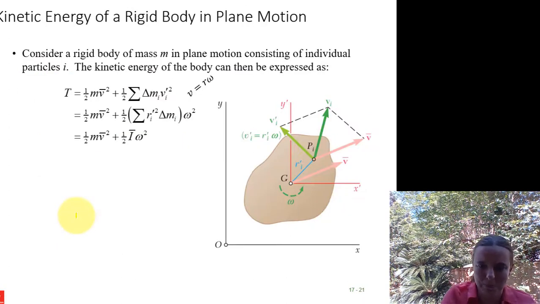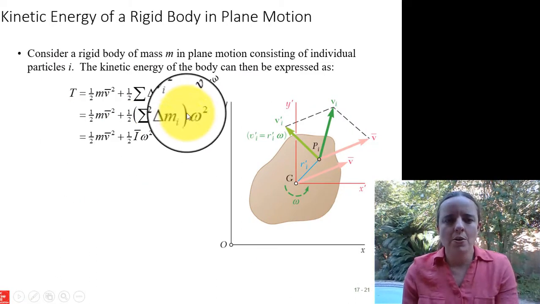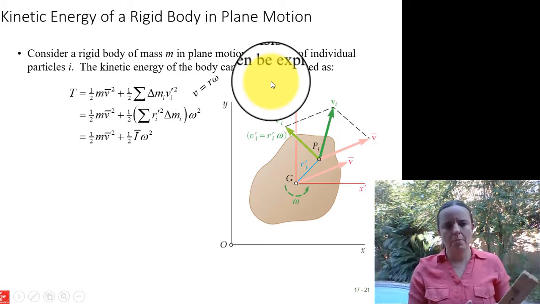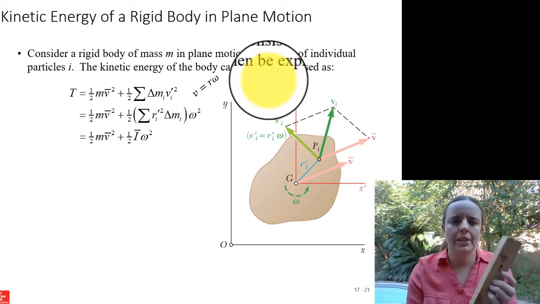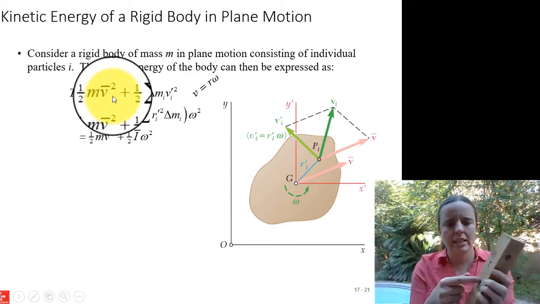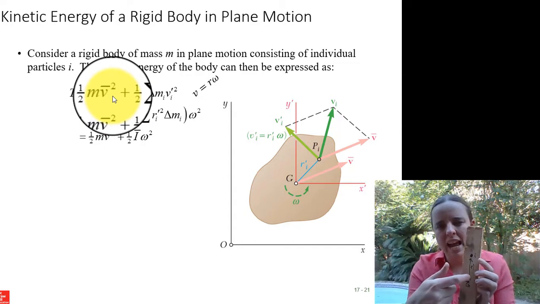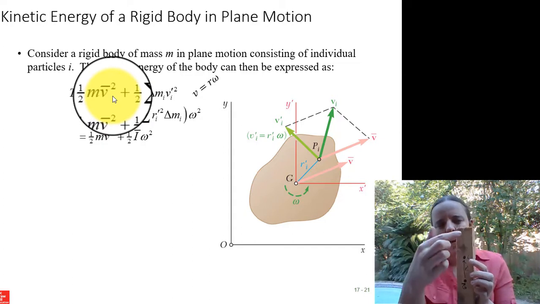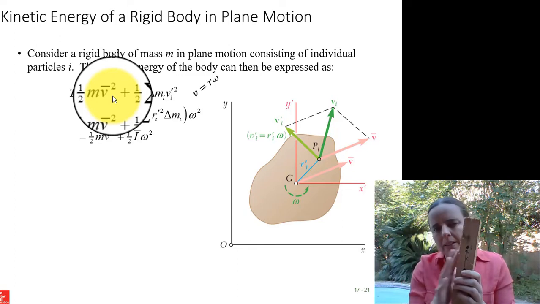Interesting result. Kinetic energy of a rigid body in plane motion. Okay, so we have some object and it's got some crazy motion. If you look at the center of gravity, a lot of these problems will reduce to looking at how the center of gravity is moving and then everything else with respect to the center of gravity.